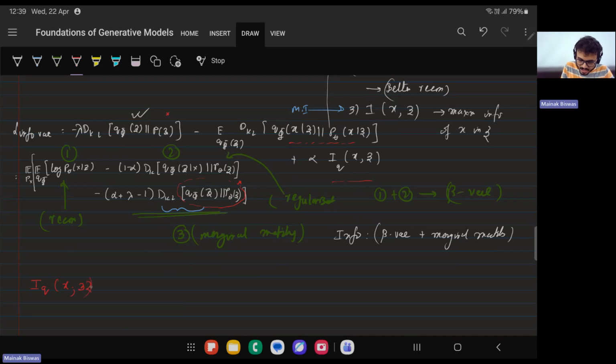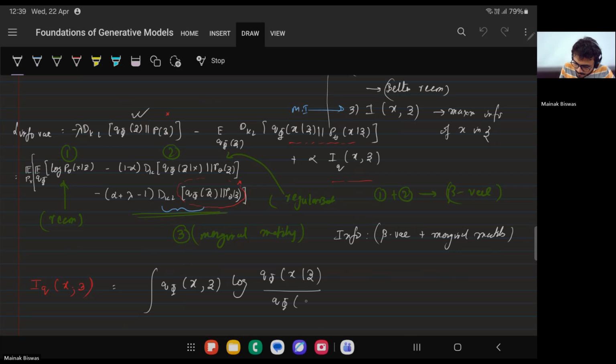I want to break down the mutual information term into the three terms. How do we do that? We know that the mutual information is the integral of q phi of x comma z, the joint distribution, times log of q phi of x given z over q phi of x, dx dz.